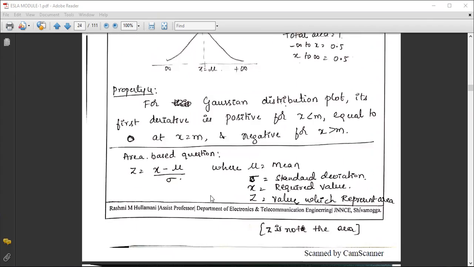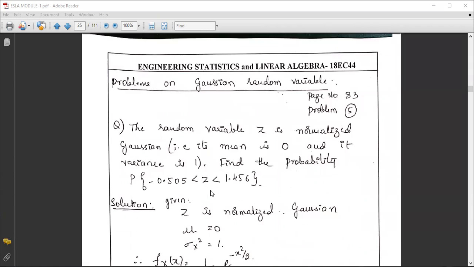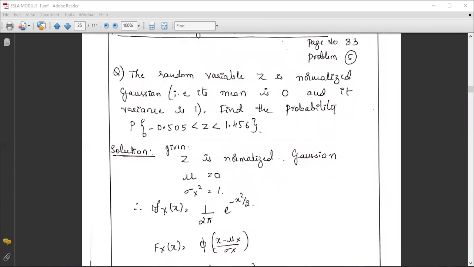By the use of this, we write f_X(x) = 1 by root 2 pi e power minus x square by 2, since sigma is 1.